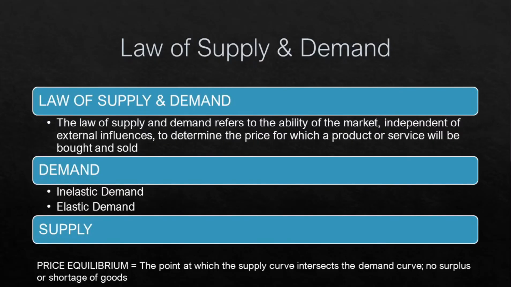And this law affects the market's ability to move totally freely. So when we say that it's a free market, it means that the market has the ability to allow prices to be set in such a manner that it goes freely without any external influence.